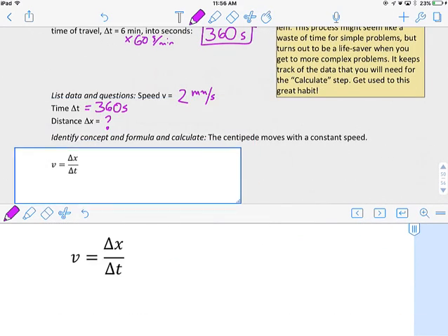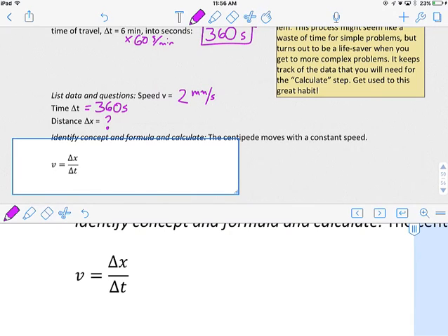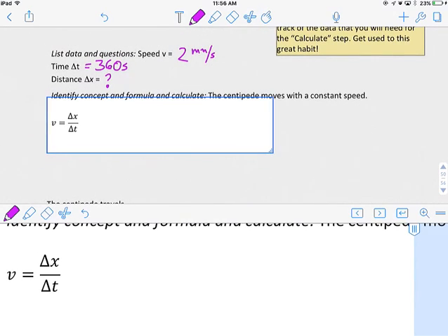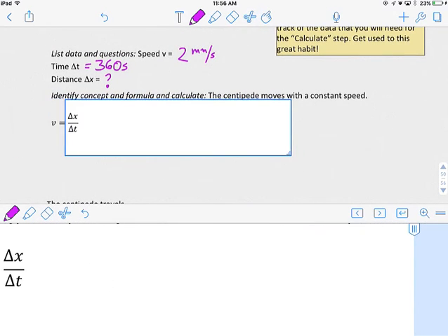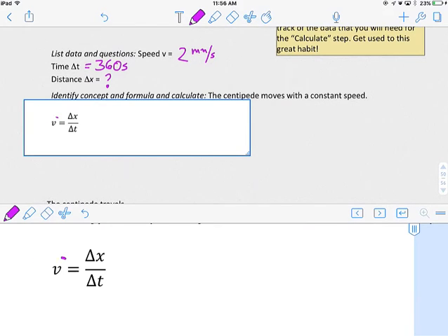Here's our formula that we're going to be using. This is going to take a little bit of math help here. My formula works like a map. In this spot, I would put the V. Here I would put the triangle X, and here I would put the triangle T. So I'm going to set up my math just like that.